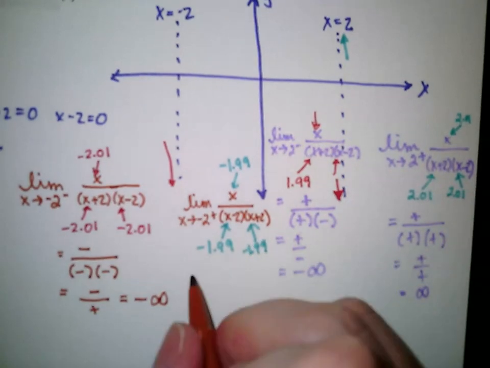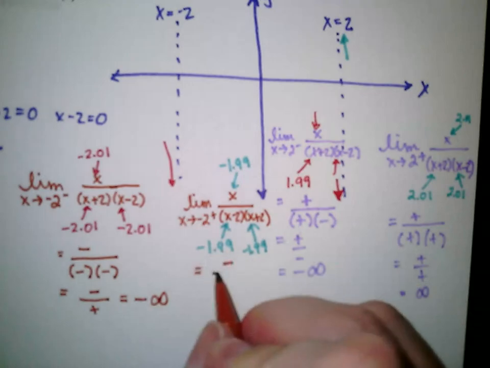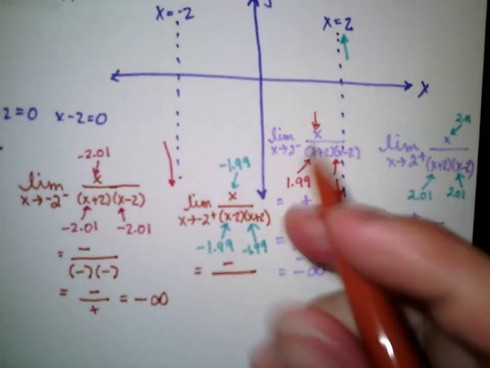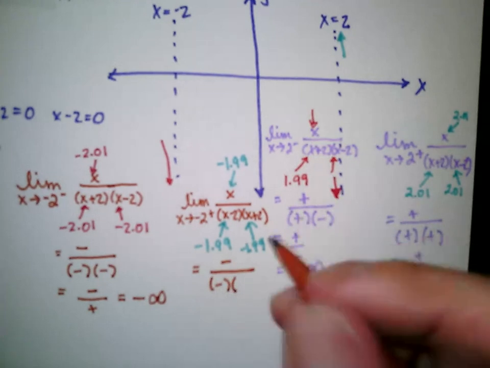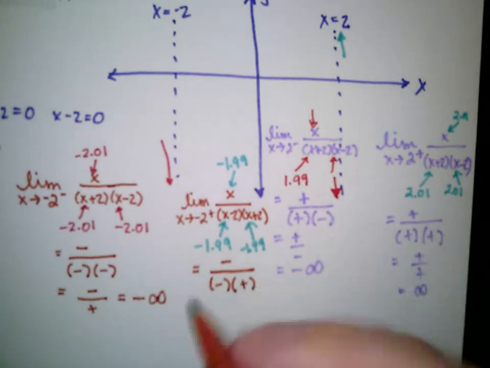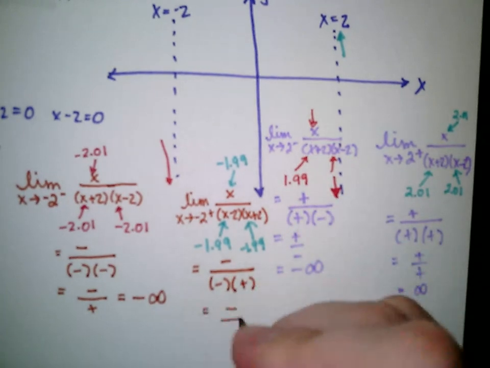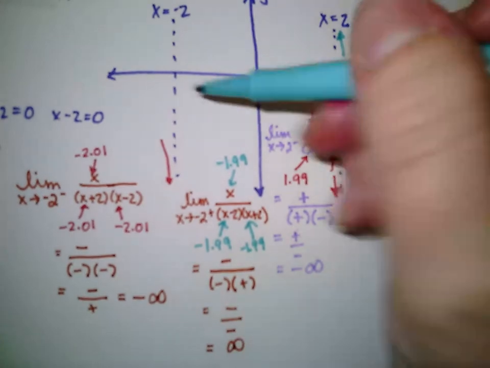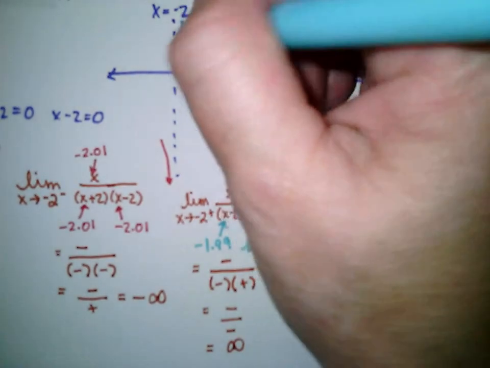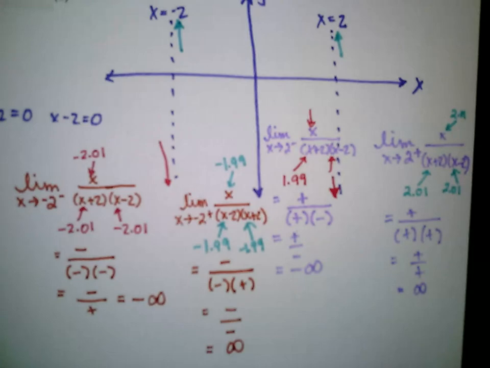In the numerator, that's going to be negative. In the denominator, negative 1.99 minus 2 is a negative number. Negative 1.99 plus 2 is a positive number. So I have a negative divided by a negative, which is a positive. So that will be headed towards infinity. On the right-hand side of x equals negative 2, my function will be headed towards infinity.